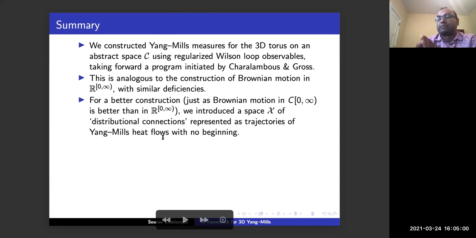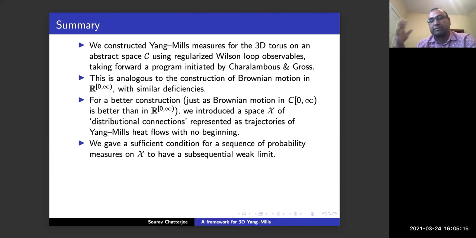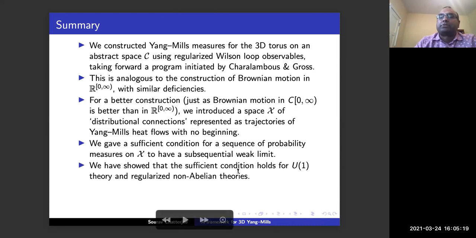You exclude the point 0, and then you have these flows, and we give a sufficient condition for a sequence of probability measures on X to have a subsequential weak limit, using Uhlenbeck compactness, Sobolev embedding, and the regularized Wilson loop observable. As an illustrative example, which I didn't present here, everything goes through for U(1) theory and regularized non-abelian theories.